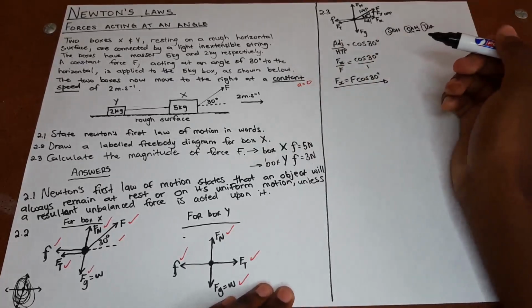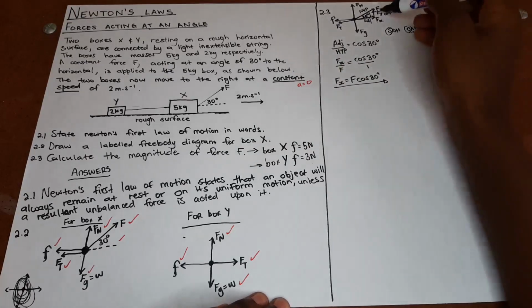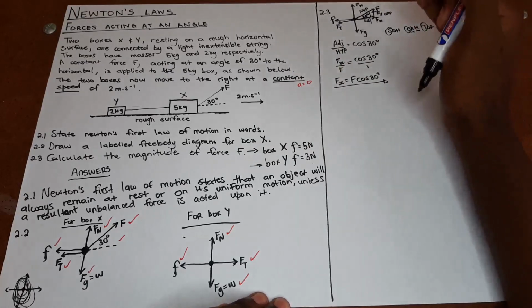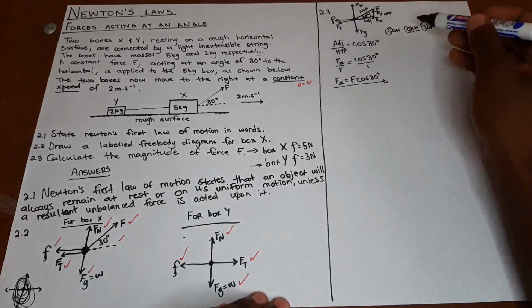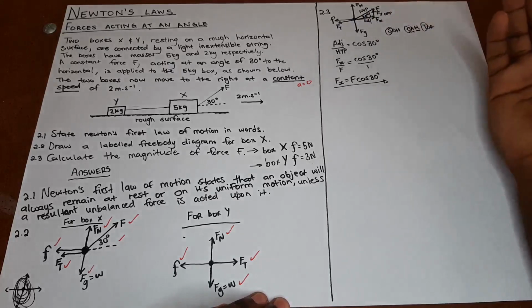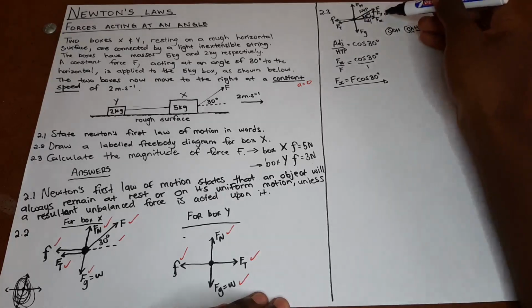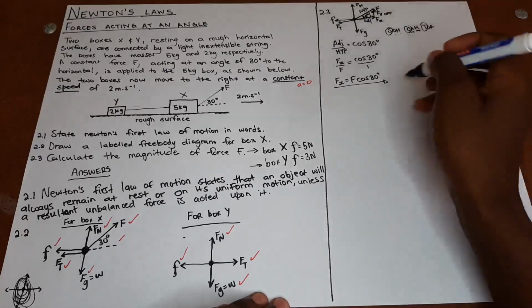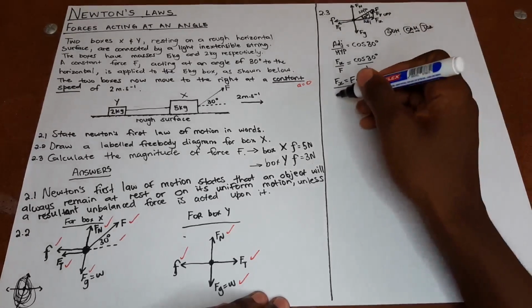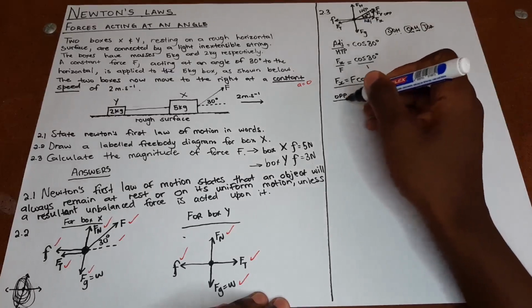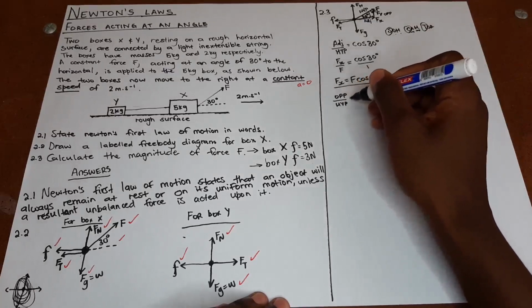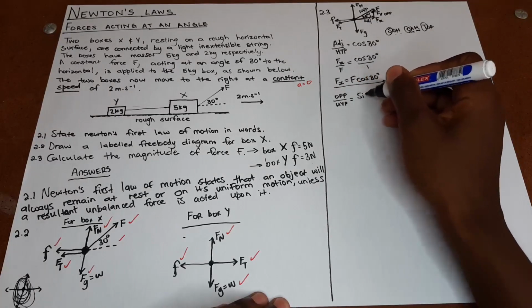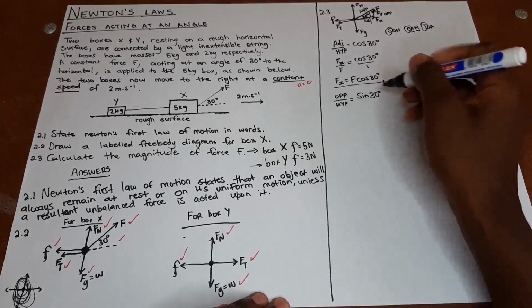Now we have to find our Fy, which is our vertical component in this scenario. It's sine, and sine is opposite over hypotenuse, looking at this angle. So opposite over hypotenuse equals sine 30 degrees.